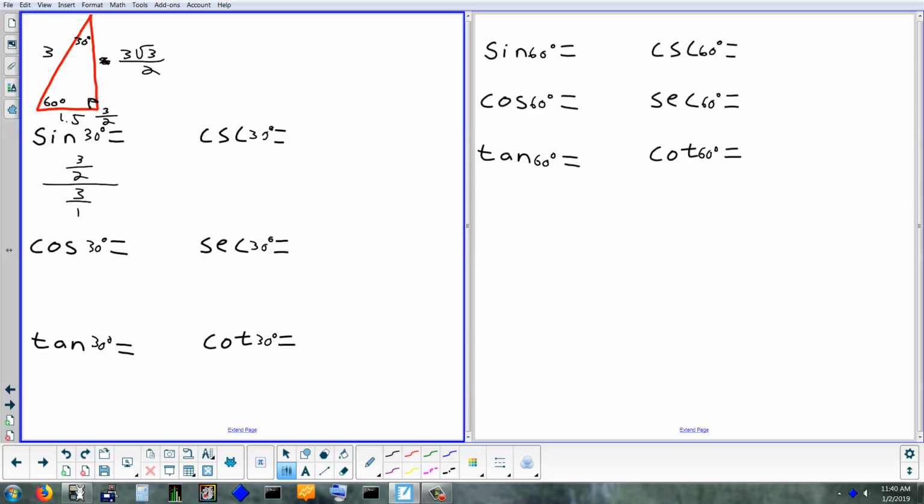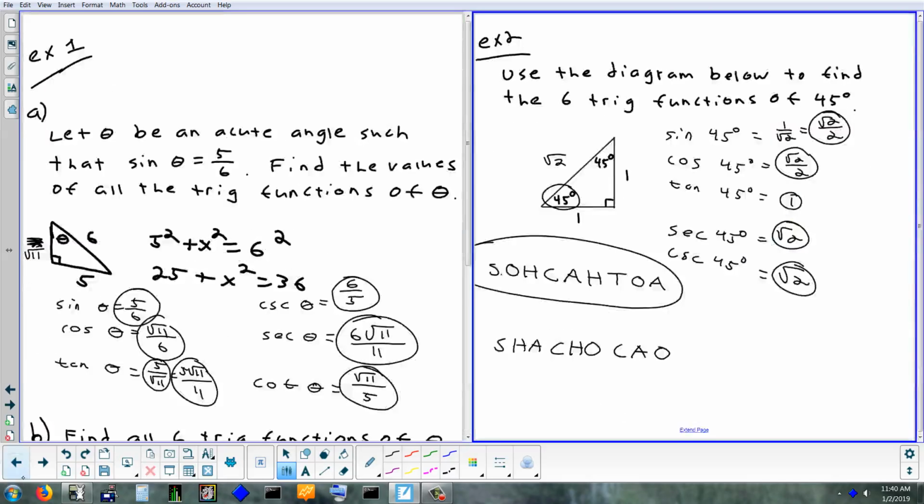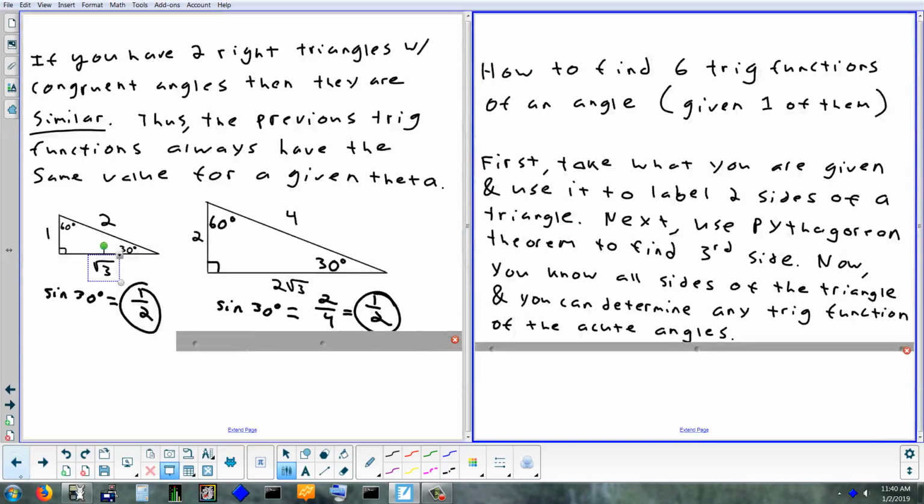Yeah, exactly. So we're going to multiply by 1/3 instead of dividing by 3. So what ends up canceling out there? Yeah, the 3's. And what do we get for the sine of 30? 1/2. It's exactly the same answer that we got when I did the sine of 30 back here.